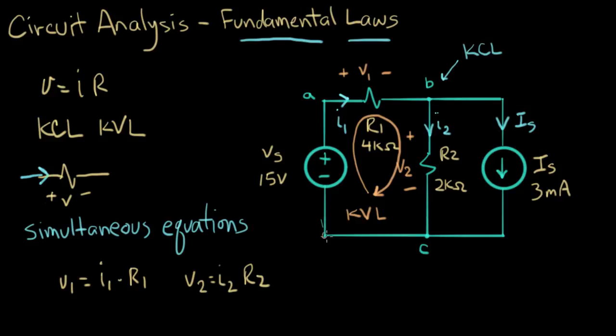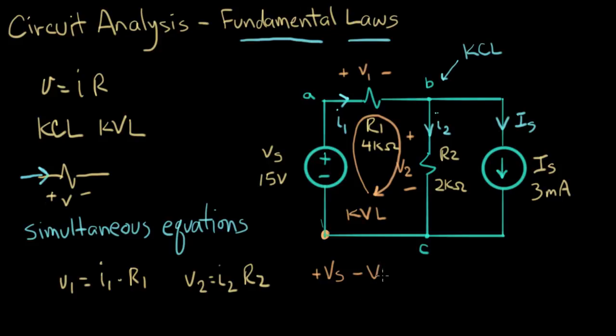Let's start at this corner of the circuit and go around clockwise. What we see first is a voltage rise, plus Vs. Next, I see a voltage drop, so it's minus V1 going around this way.